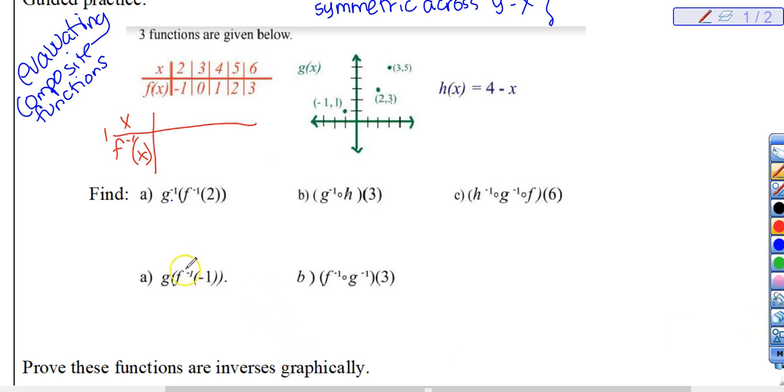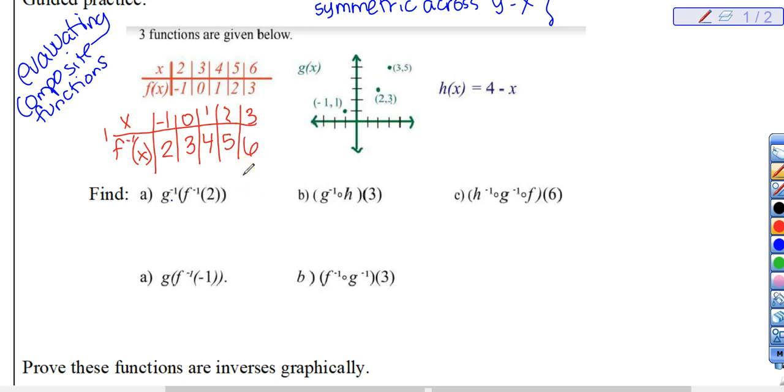What do the x's and y's do? Switch. So instead of x being my input and -1 being my output, in the inverse, -1 is my input and 2 is my output. They have to switch. So we could continue. 0, 3, 1, 4, 2, 5, 3, 6.